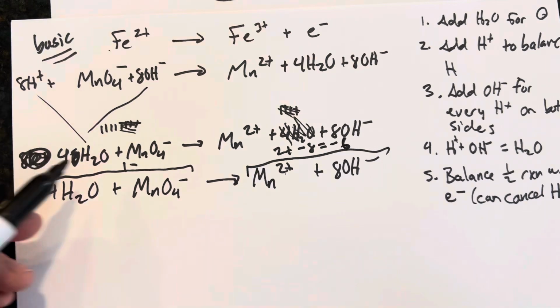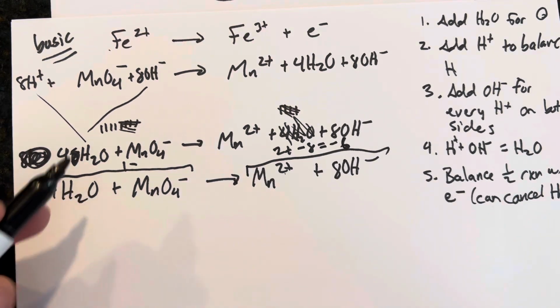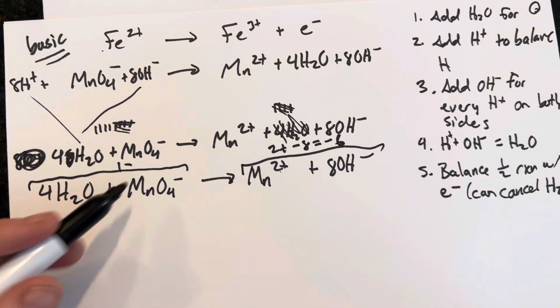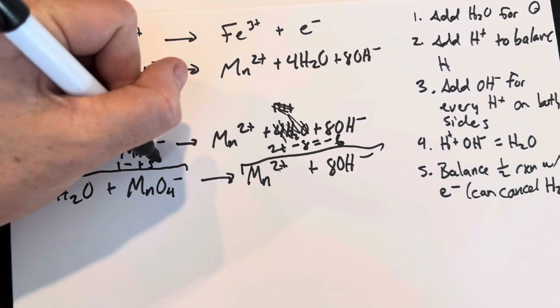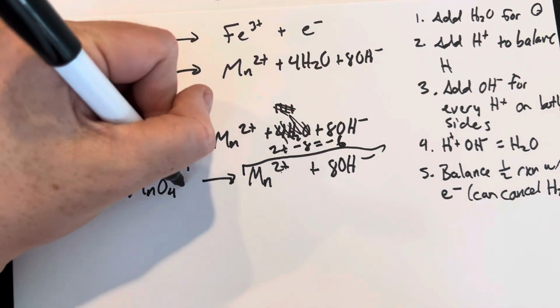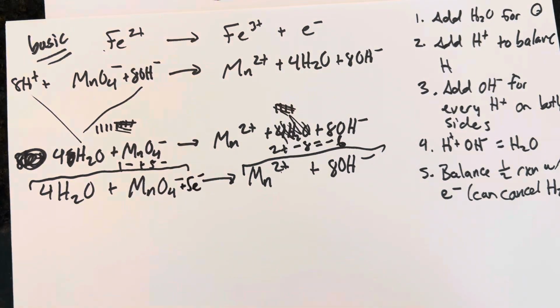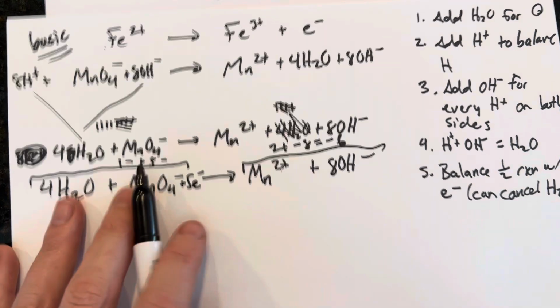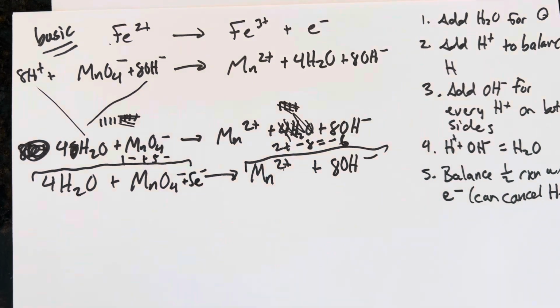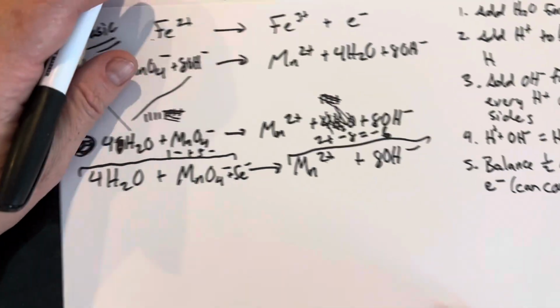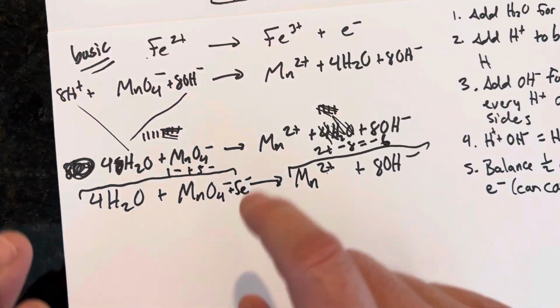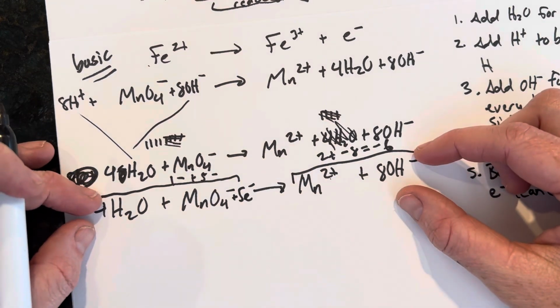So -6 over here and a -1 over here. I need to add, again, always adding electrons to the more positive thing, 5 negatives over here. In other words, 5 electrons over there. So now I have a -6 over here and a -6 over there. All right. So now we've got our balanced half reaction.